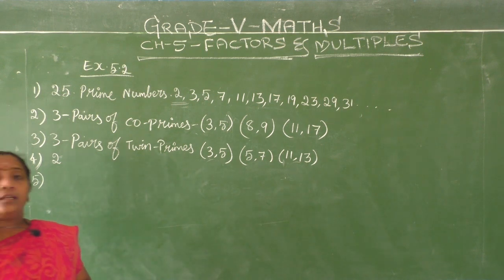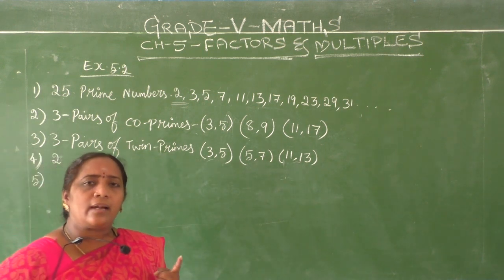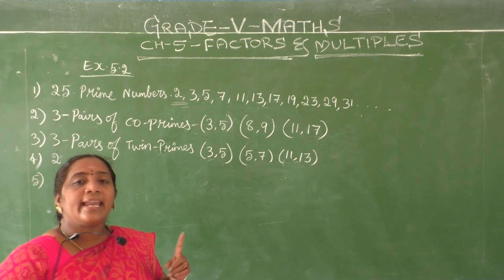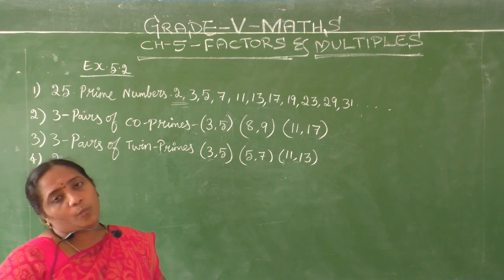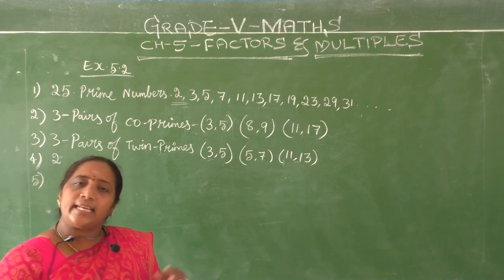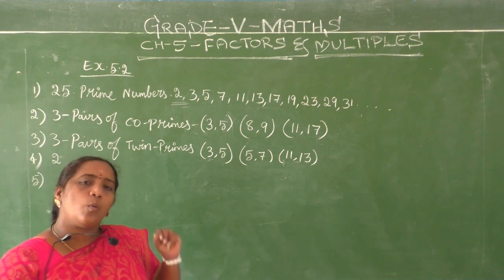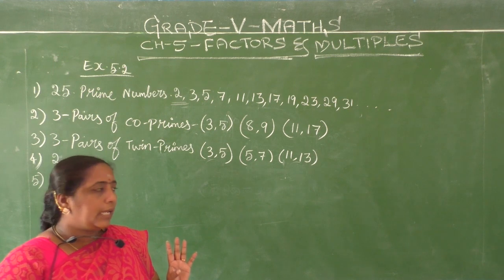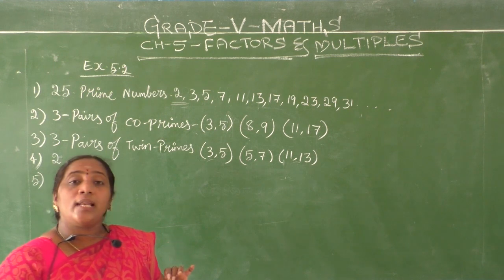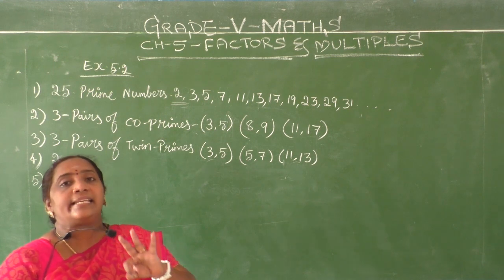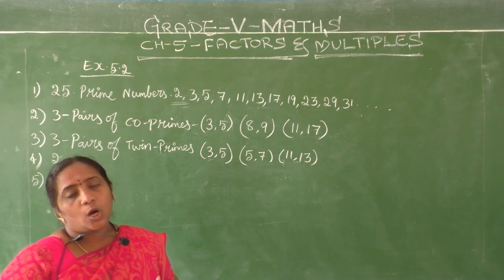And another thing, what about the number 1? 1 is neither prime nor composite. 2 is the only even prime number. And another thing, the smallest composite number.